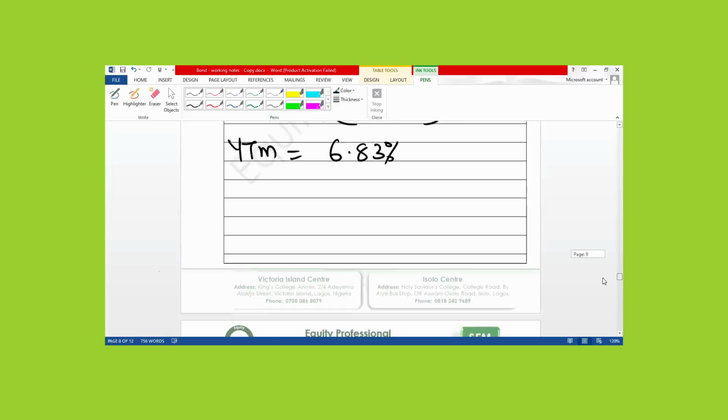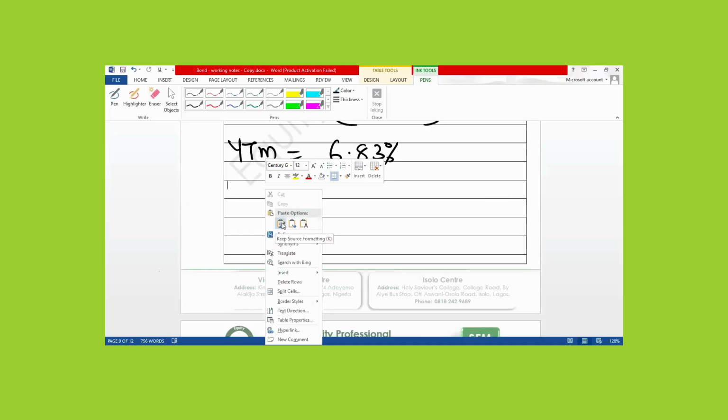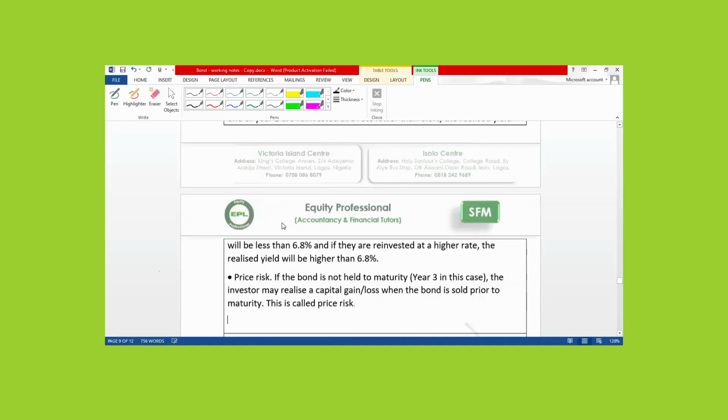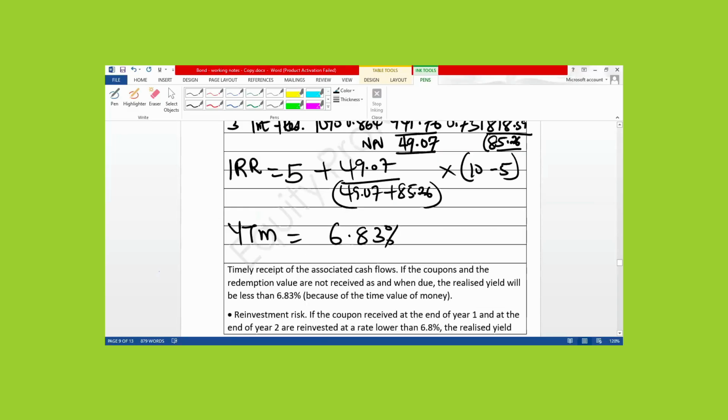There are 3 reasons why an investor may not realize the calculated yield to maturity.